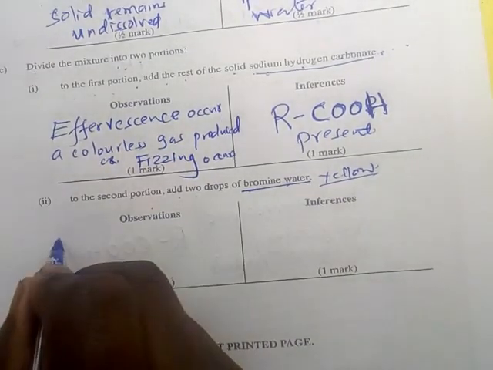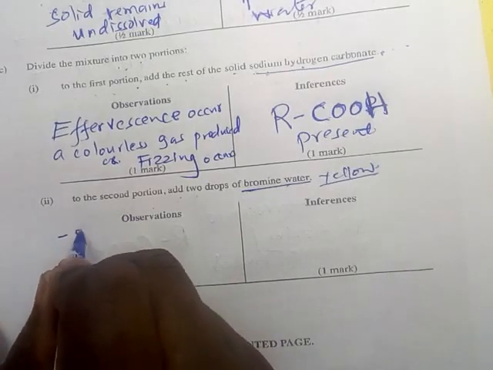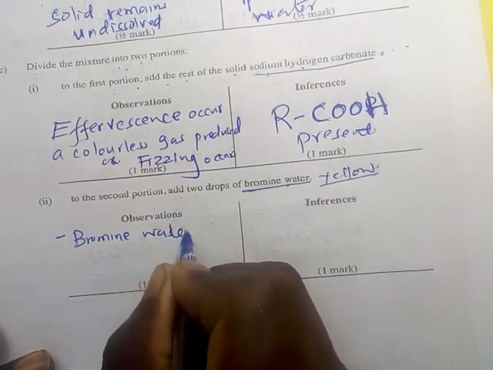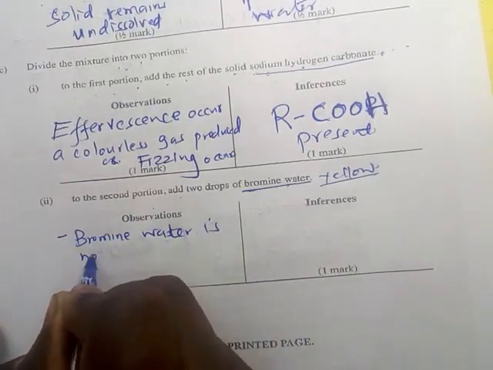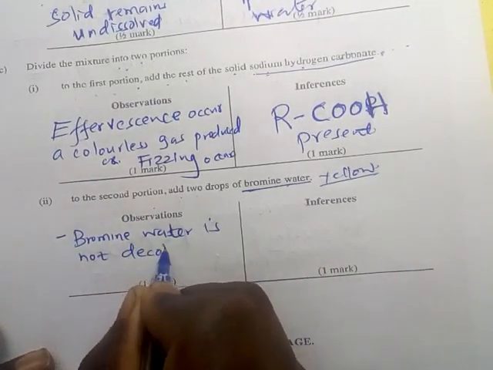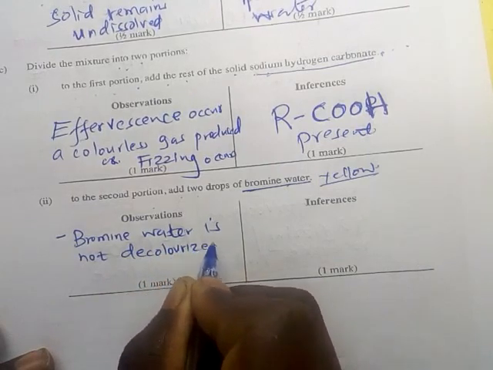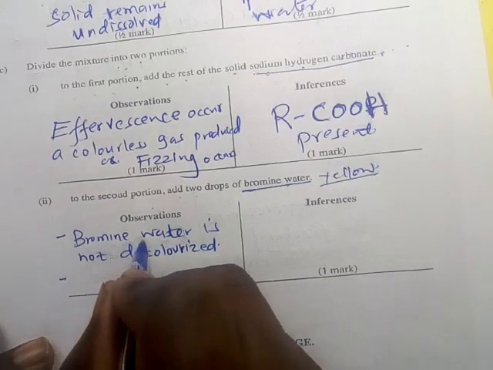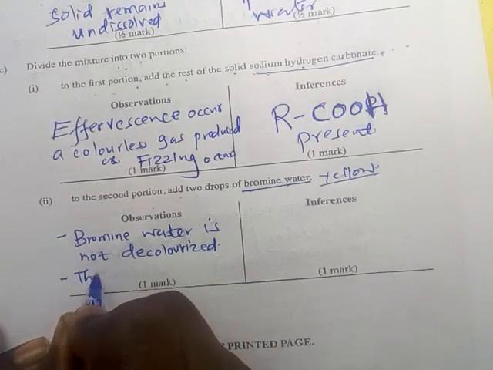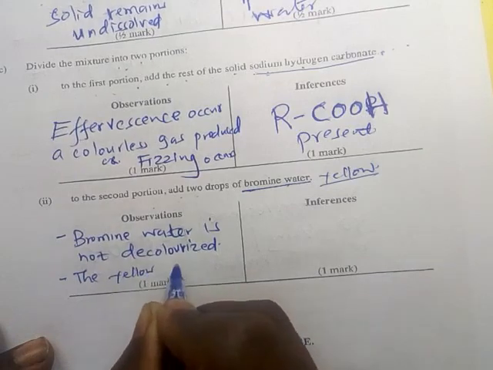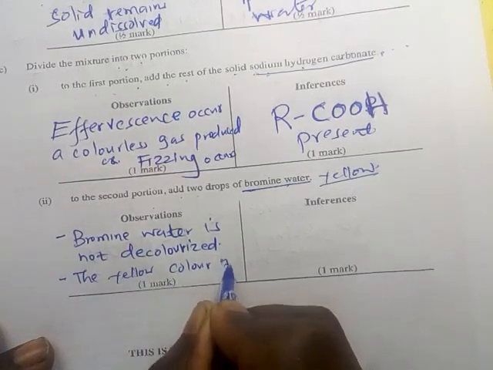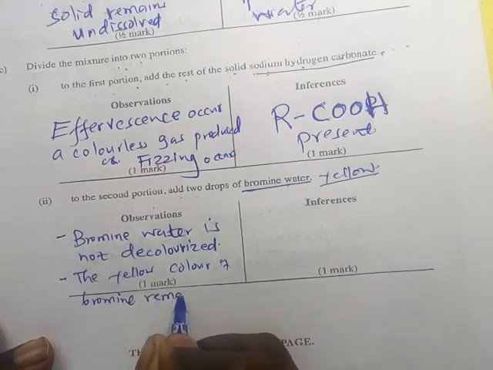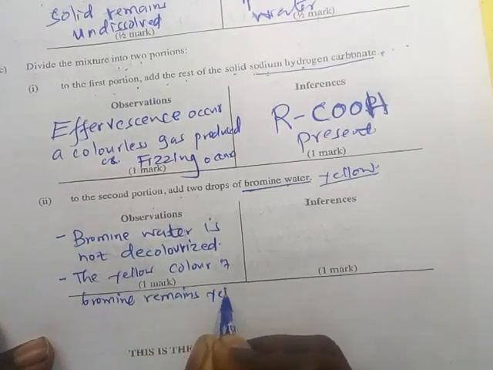So we can say for this one, bromine water is not decolorized, meaning that the yellow color of bromine remains yellow.